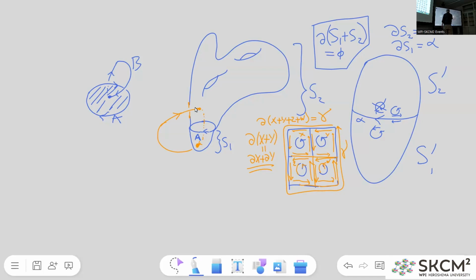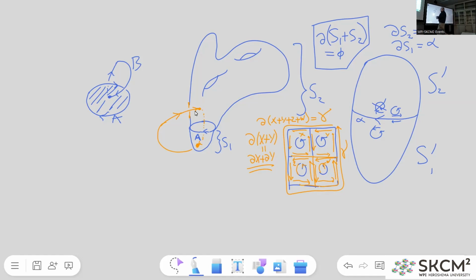But then if you check how this is piercing with regard to the orientation of the surface, you'll see that the total sum of the intersection numbers is equal to 0, right? If you're going to make the drawing yourself, looking at the orientations on the surface, you'll see that the total intersection number is 0.